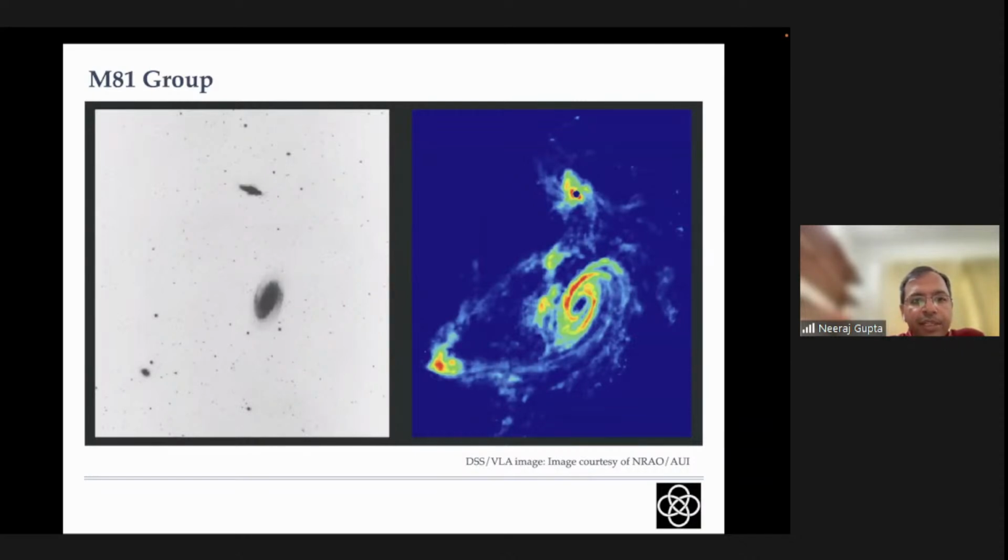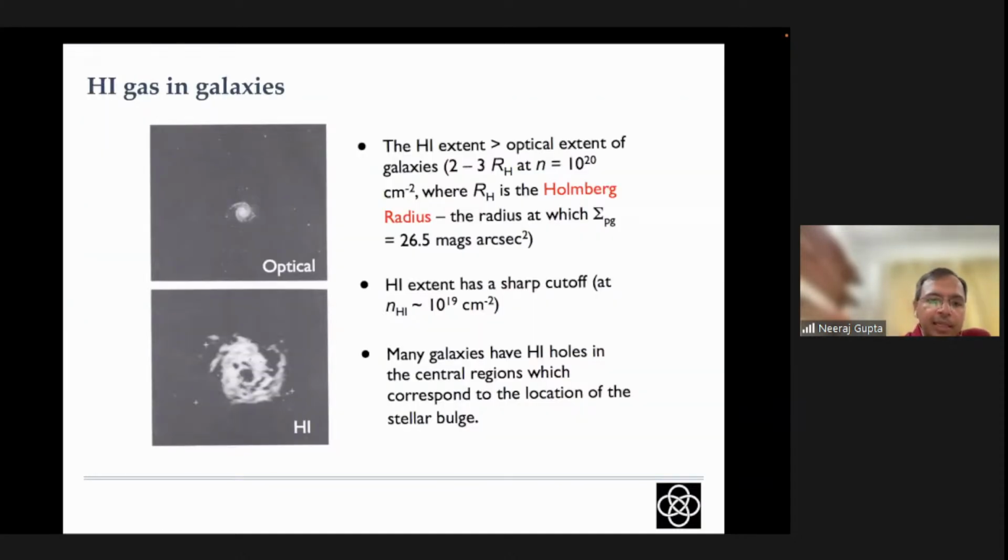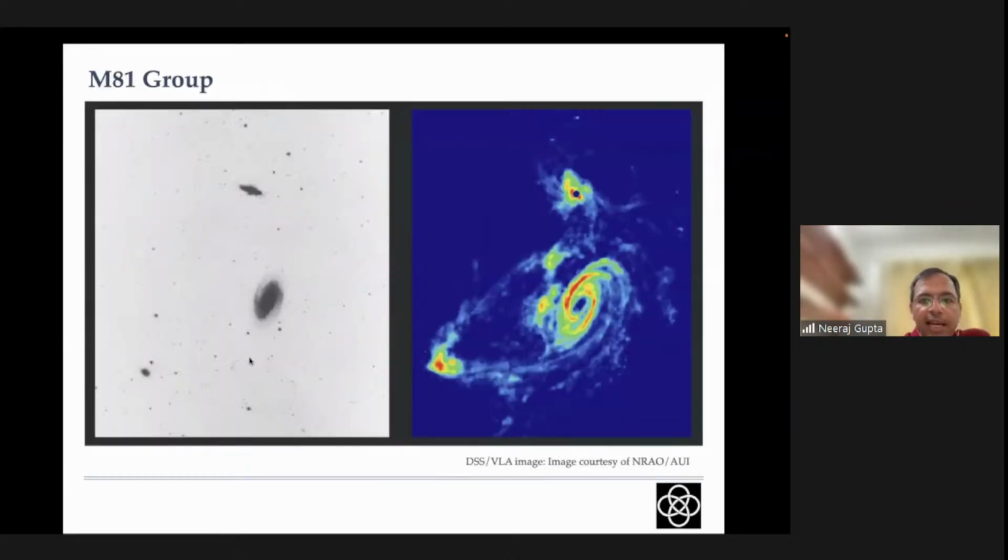There are cases in which optical morphology also is distorted, but often, since HI extends so much more than the optical extent of the galaxy, any interaction that a galaxy has with its intergroup medium, because it is traveling with a certain velocity, or an interaction with its neighboring galaxies, will leave its imprint much more in the HI disk of the galaxy, just because of the simple reason that it extends much further.